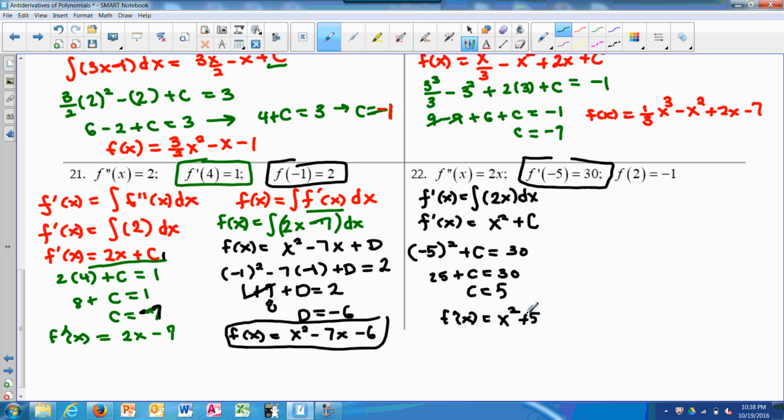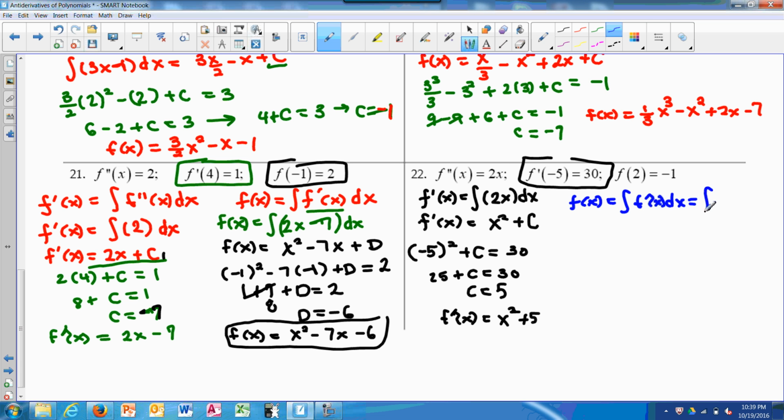So I can double check, does it meet the requirements? If I have f prime equal to x squared plus 5, does -5 give me 30? Yes. And does the derivative of f prime give me f double prime equals 2x? Yes. So now I can move forward, and f of x is the antiderivative of f prime of x.